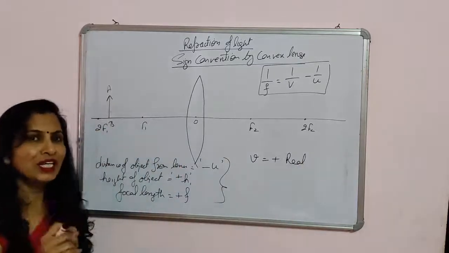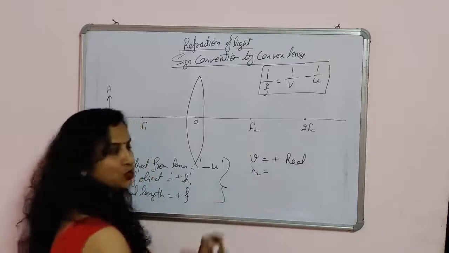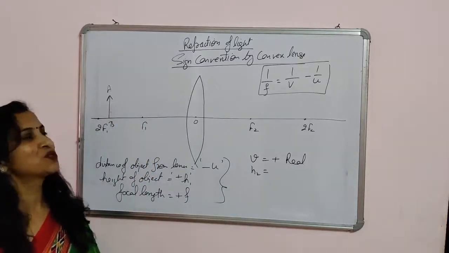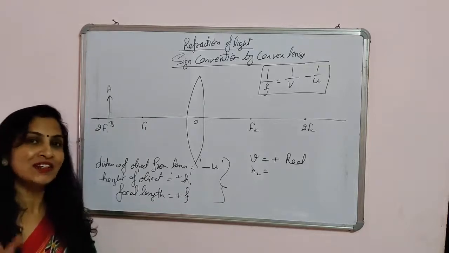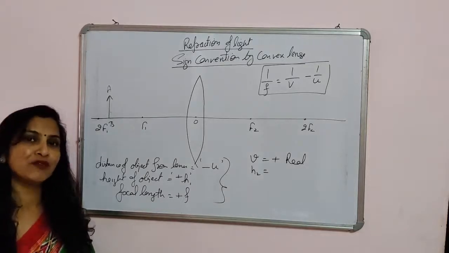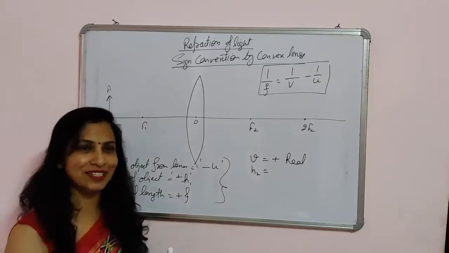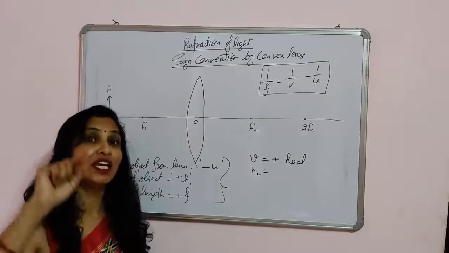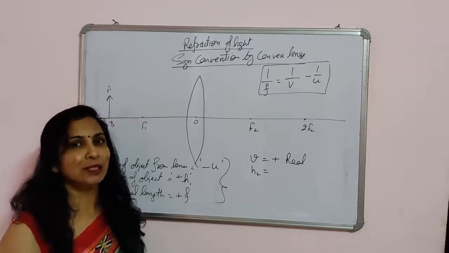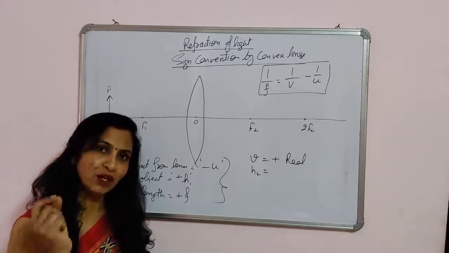Okay, and a real image is always inverted. So in this case, if you find the h2, how will you find h2? We should know the formula of magnification. The linear magnification is the ratio of the height of the image to that of the object. It means in the numerator it will be the height of the image and in the denominator the height of the object.